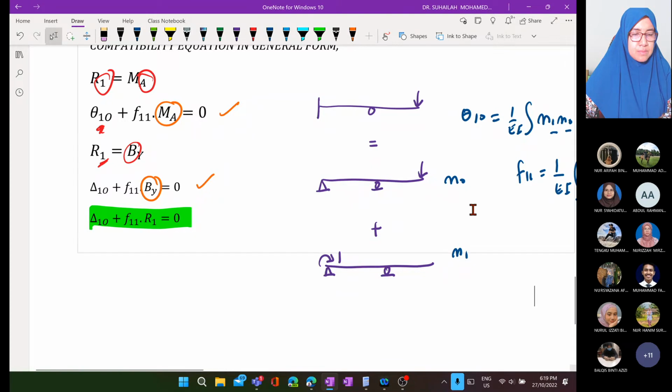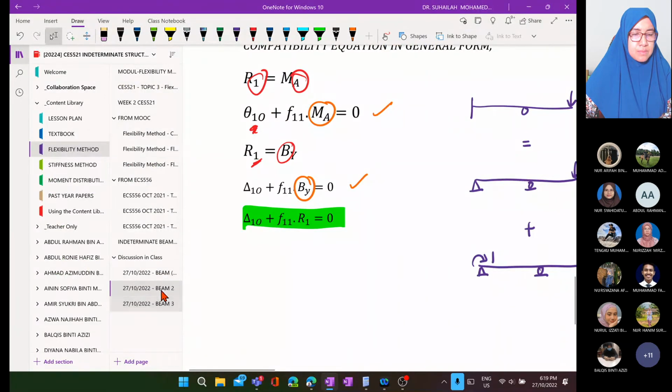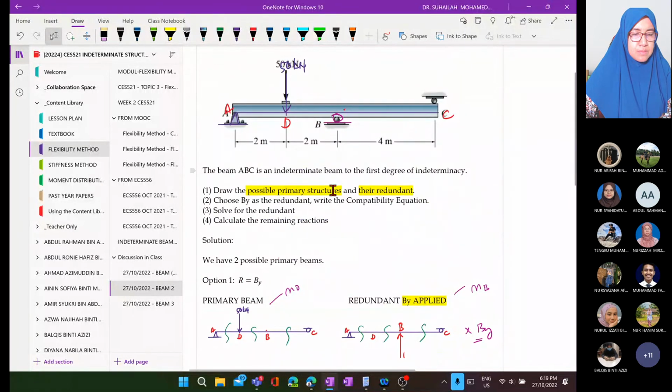Okay, so now is 6:19, so I think we can stop this session right now. I hope we can have many sessions after this, to look at many example exercises. And I welcome you to do this question and submit in your OneNote class notebook so that I can check your understanding.